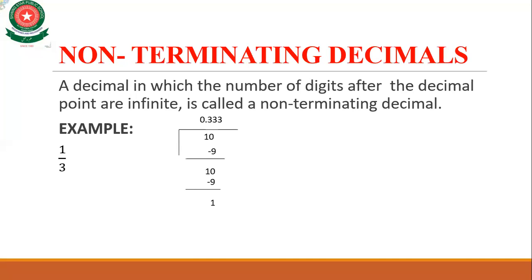For example, 1 by 3. As you can see, we have to divide 1 by 3. First of all, we have to put 0 with 1, because 1 is less than 3, so we put 0 point.